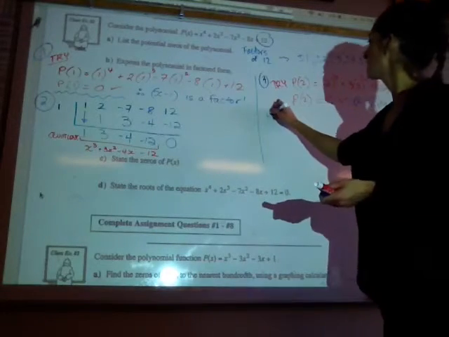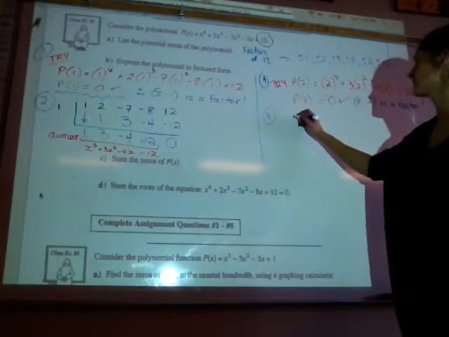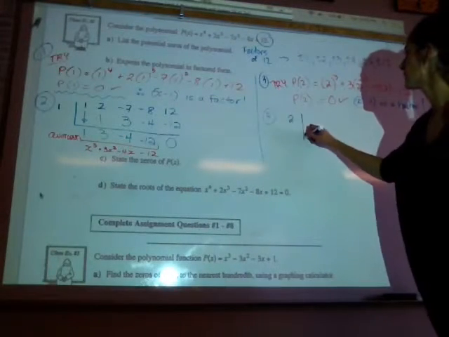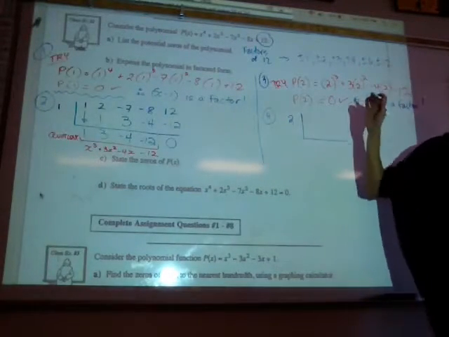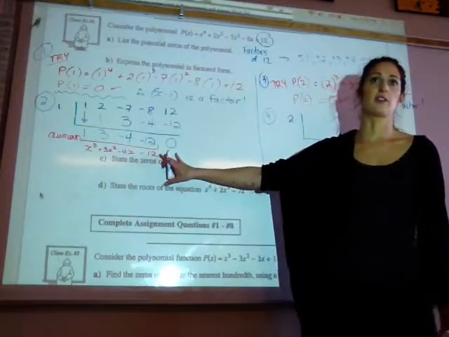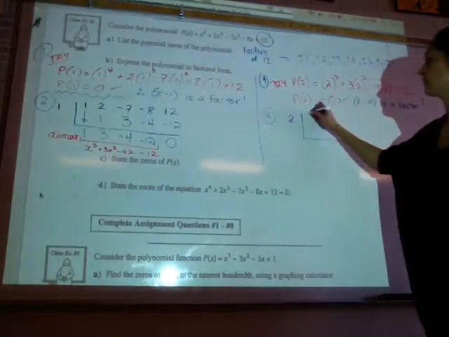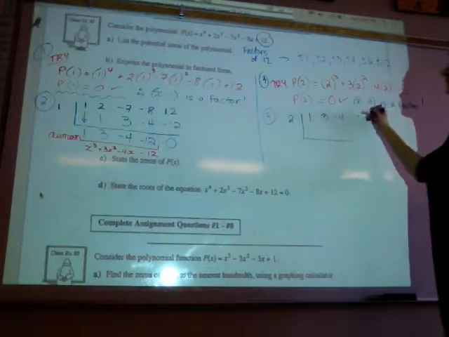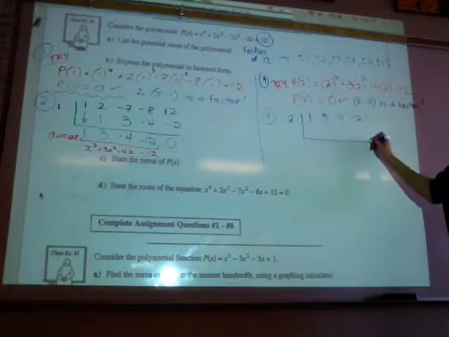So step 4, again, we're using synthetic division, but now the number on the side will be 2. Okay, and this is where it's important. We have to use the polynomial that we need to break down further. Okay, so we have 1x cubed, 3x squared, negative 4x, and negative 12 is our constant.